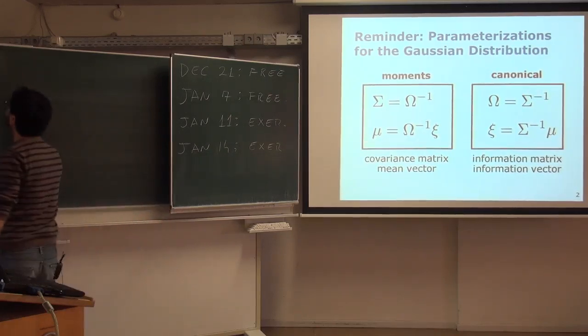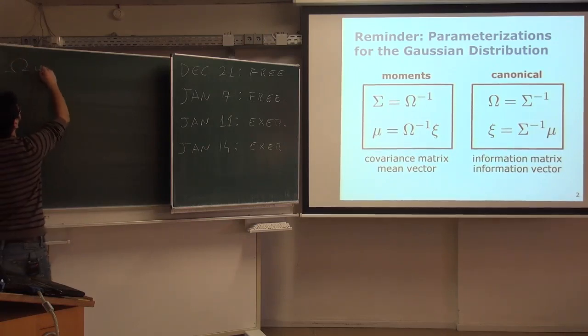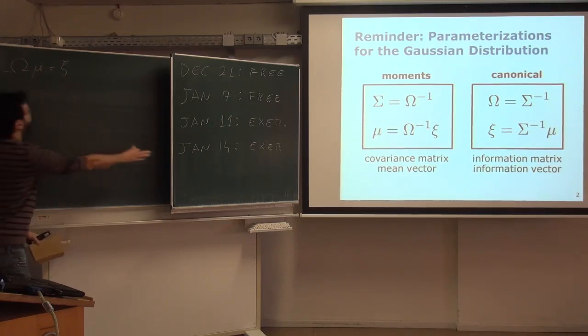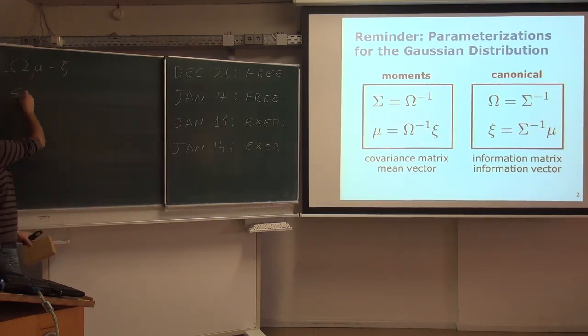So basically the system will be: I have omega mu equal to xi. That's the linear relation between the mean and the information vector. Or if you want to see it in a different way, this is sigma minus 1 mu, the information vector.